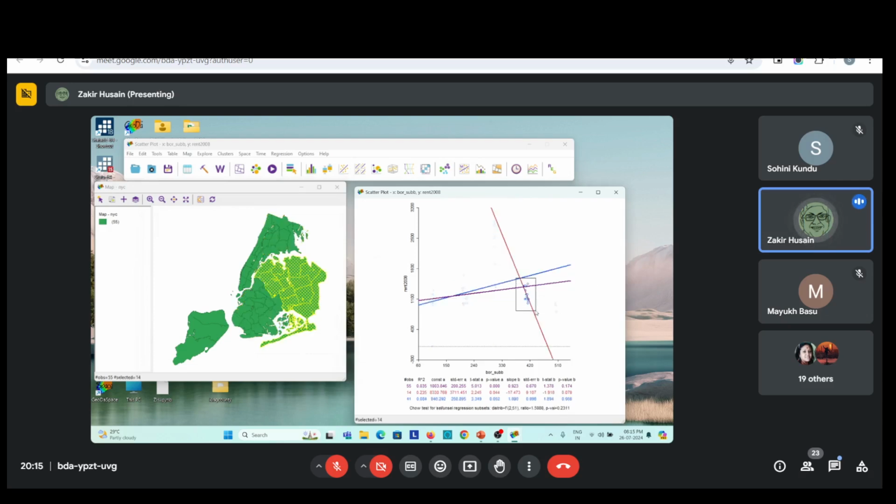So just do some checking. Over here, you can see the two slopes are different, but structural break, no. The structural break assumption, we cannot accept the structural break.